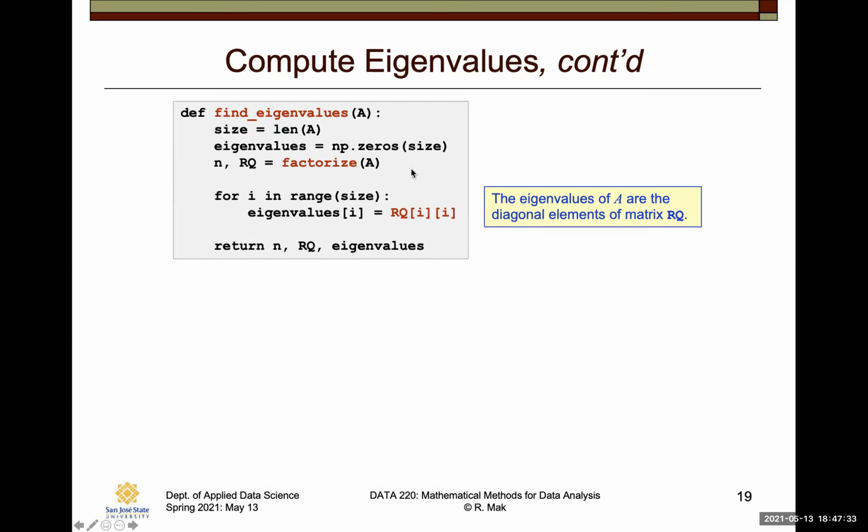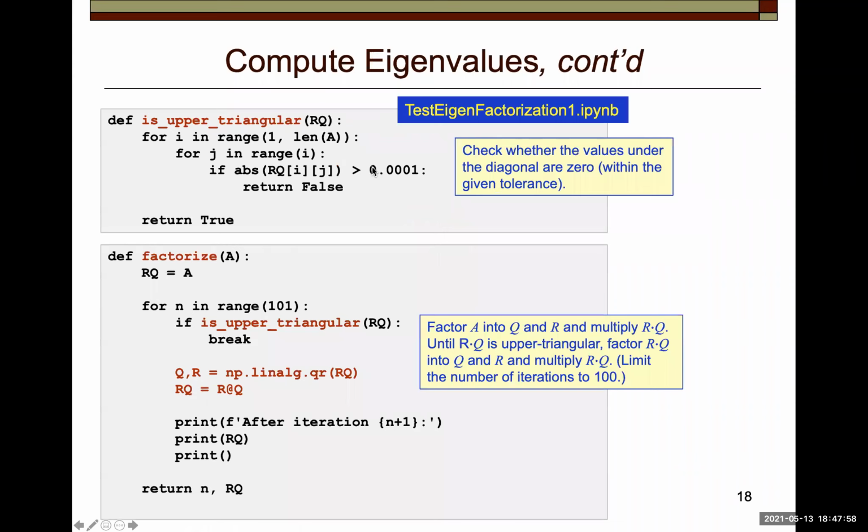Now, finding the eigenvalues. Given a square matrix A, and I really should check to see if it's square, I get its size, and I initialize the eigenvalues to be all 0, just to start out. Then I factorize A. Now what did factorize return?